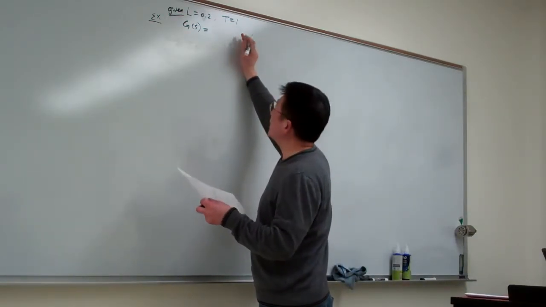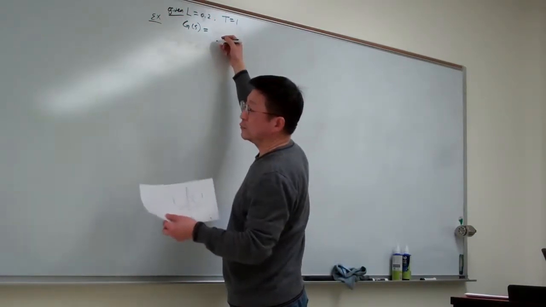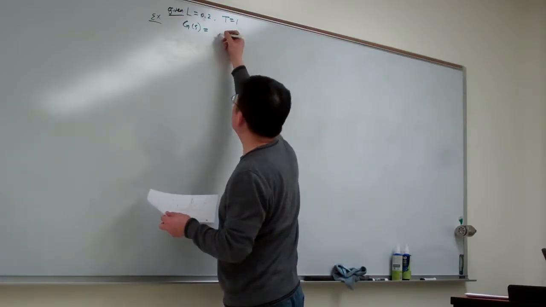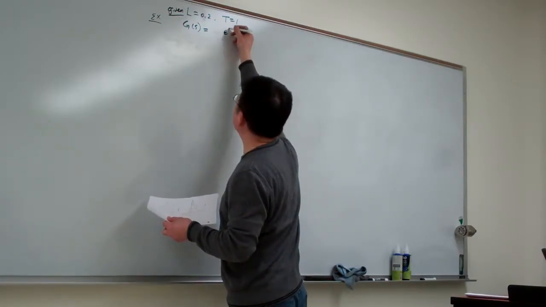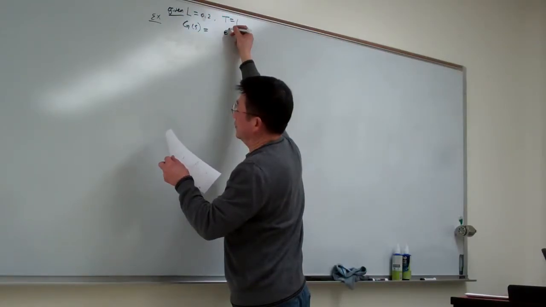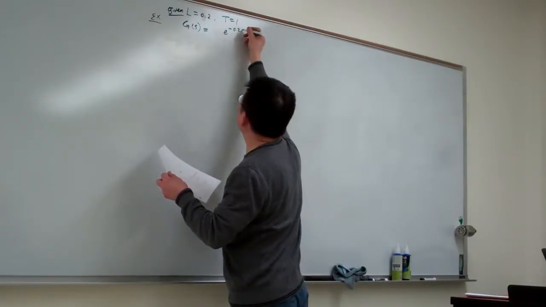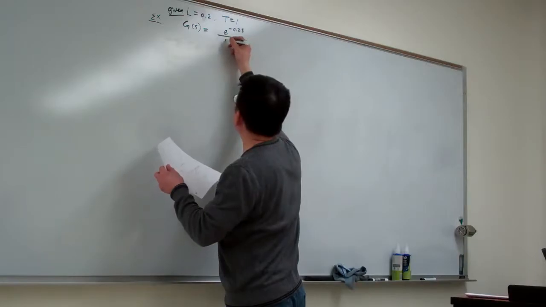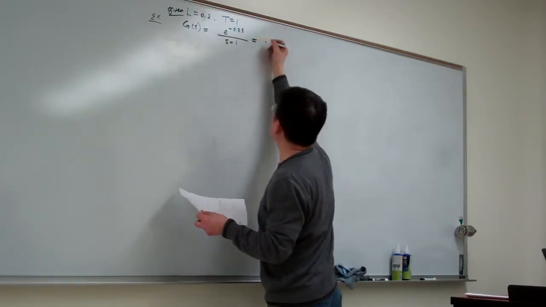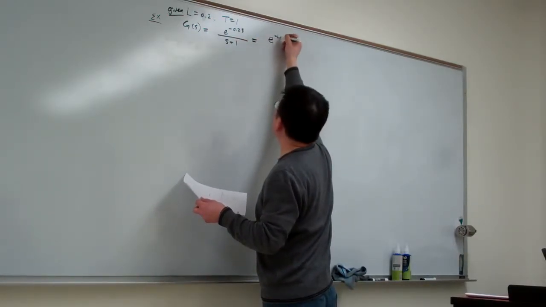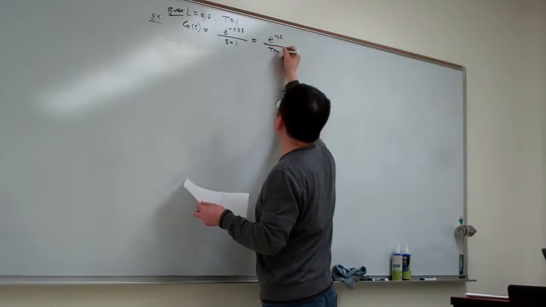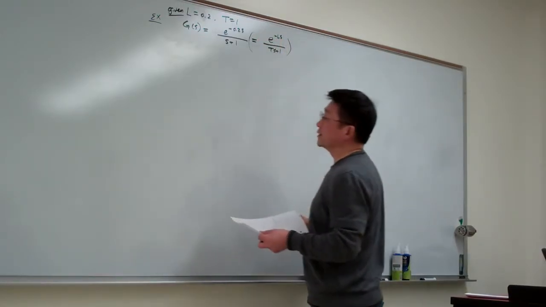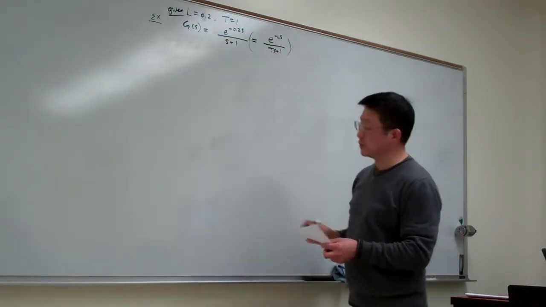For this case we apply our rules, and our G is e to the minus 0.2 s over s plus 1. Basically that is e^(-Ls) over (Ts + 1). So that is the open loop system we're dealing with.